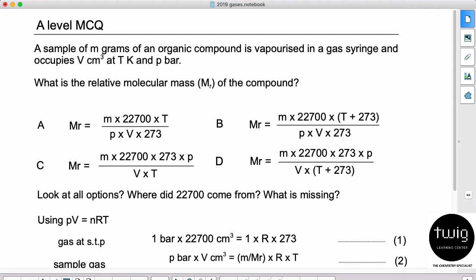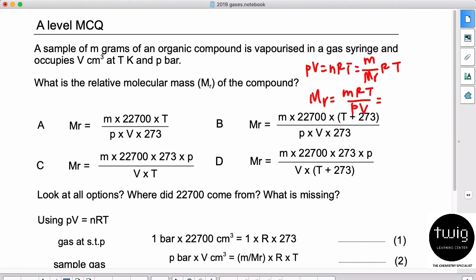All right, so let's see the previous question. A sample of m grams of organic compound vaporized in a gas range occupies a volume, temperature, and pressure. If I use PV = nRT, then PV = (mass over Mr)RT, so Mr = mRT over PV.